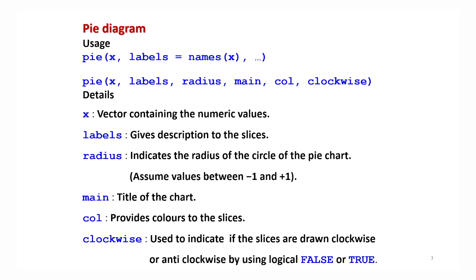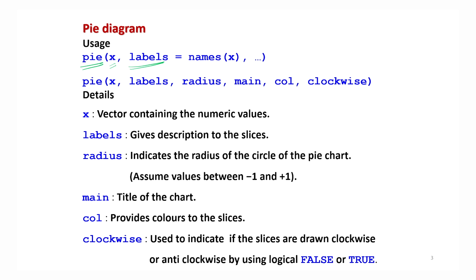Now, if you want to create a pie diagram, the R command is pie, and inside the parentheses you write the data, then labels, then different types of options, just like what you had seen in the case of the bar plot.